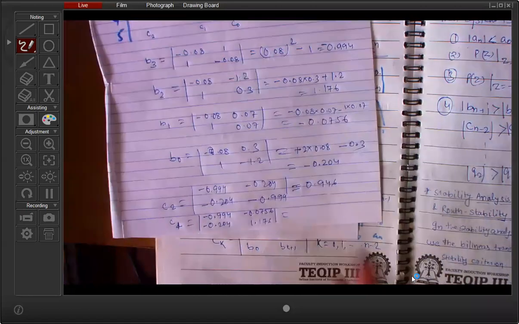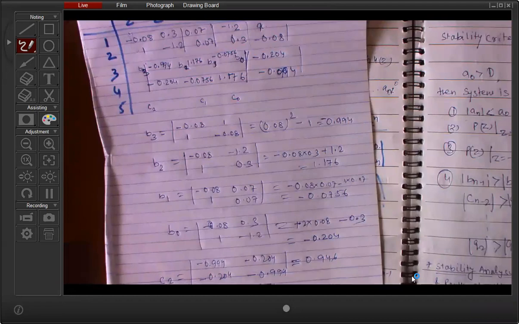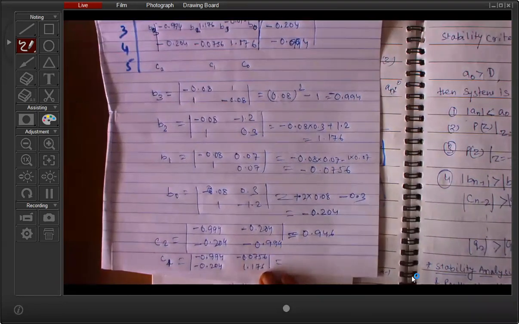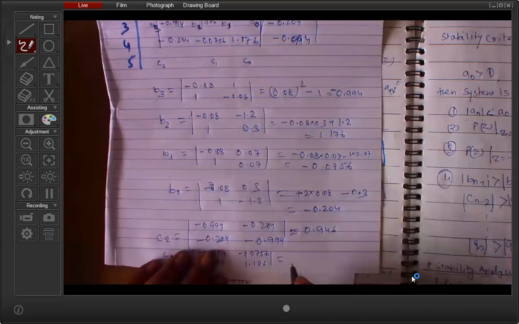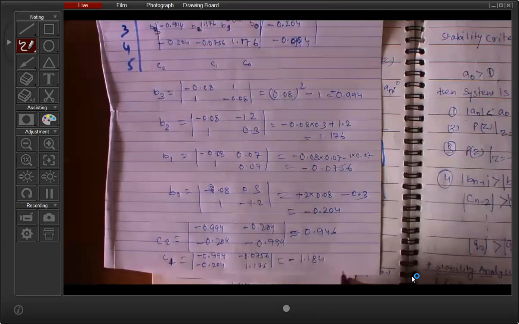So what is the value of C1? Minus 1.184. Very good. Minus 1.184. And what is the value of C0?